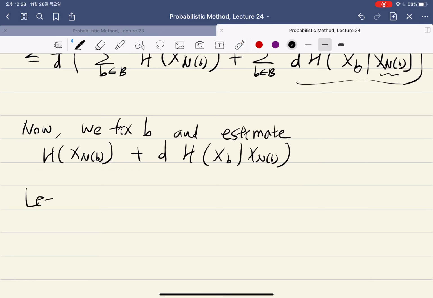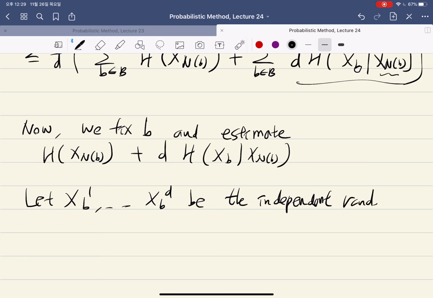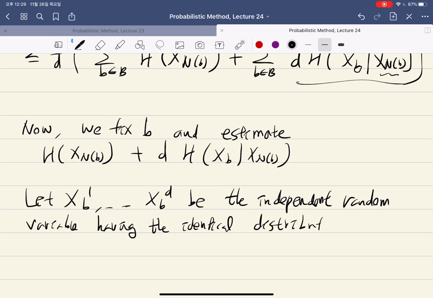So let X_{P1} to X_{PD} be the new, artificially added, independent random variables, which have the identical distribution to this X_P. So X_P has some distribution.